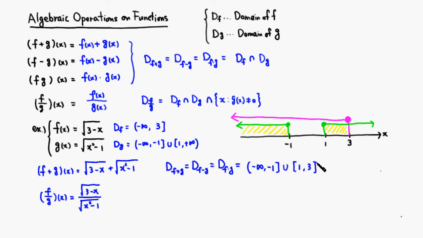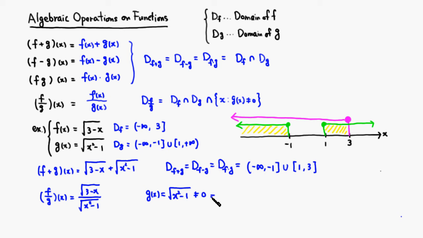How about the division, f over g of x? The only difference is we have to make sure that g of x is non-zero. Actually, I should say non-zero, not non-negative. So the square root of x squared minus 1 cannot be equal to 0.